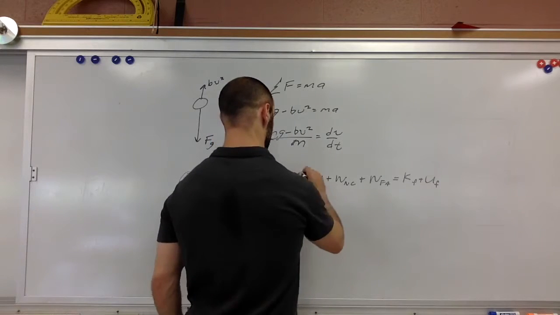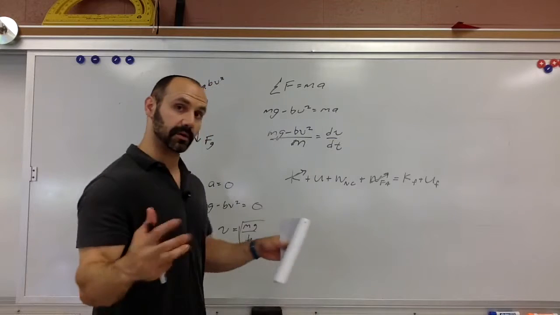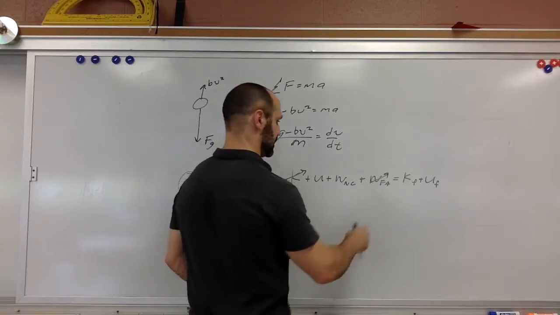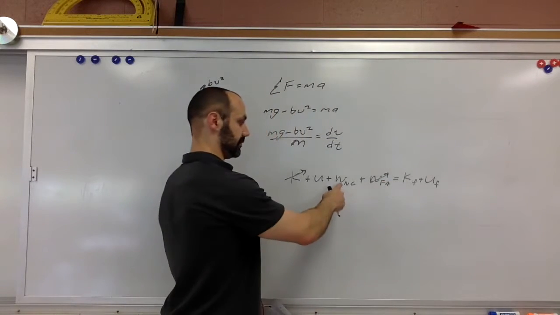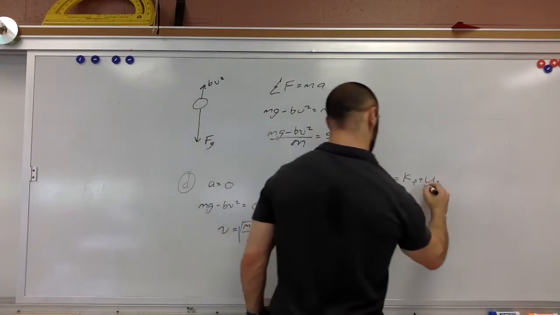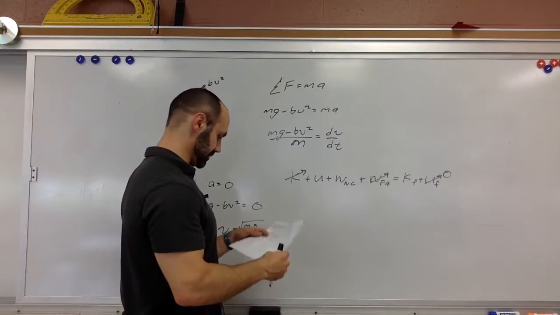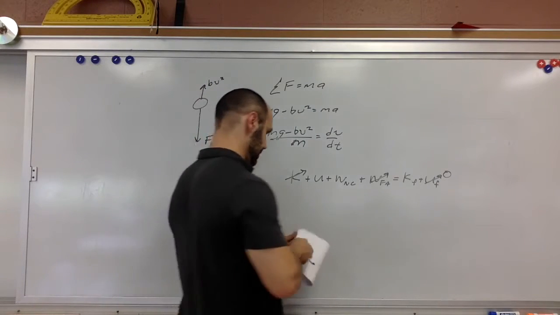Initially there's no kinetic energy, and there's no work done by outside forces. Earth is part of the system, so that's in here. Then there's work done by non-conservative forces, that's what we're looking for because that's the air resistance. And when it hits the ground, there's no more potential energy. So what is our initial potential energy? It's dropped from height h, so this is mgh.